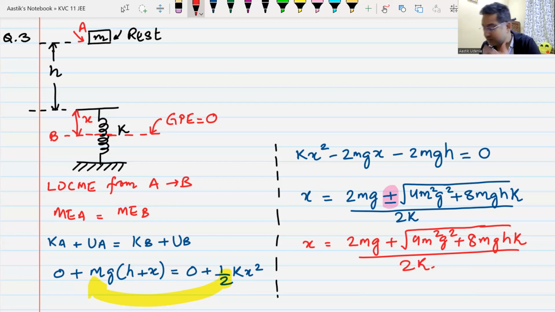The only reason why it looks difficult is because of this factor coming here, h plus x, that the problem looks a bit complicated. We understand this, everyone? Yes or no?